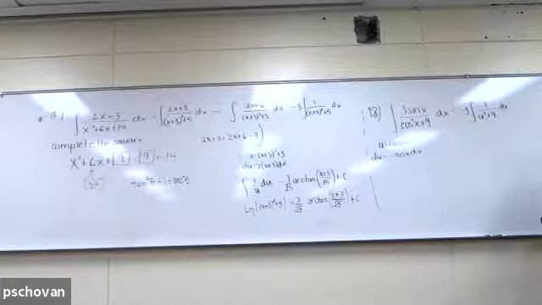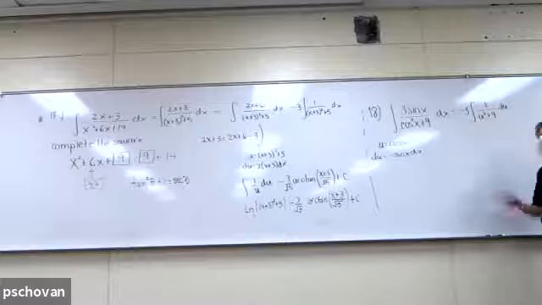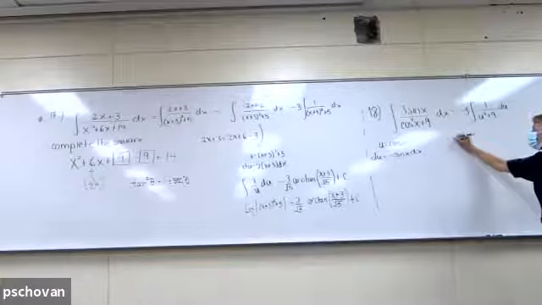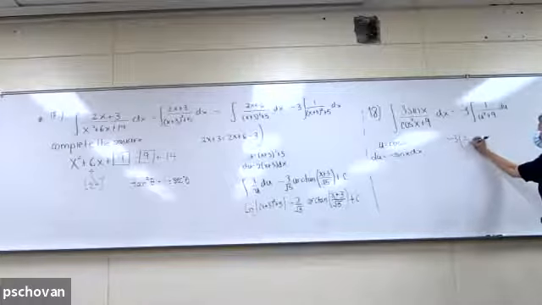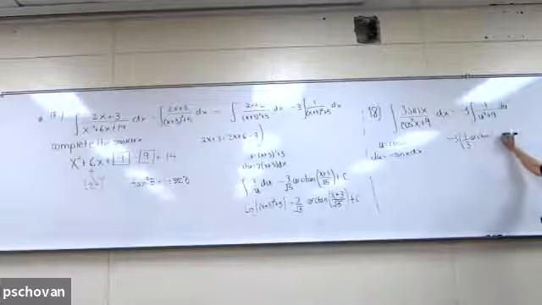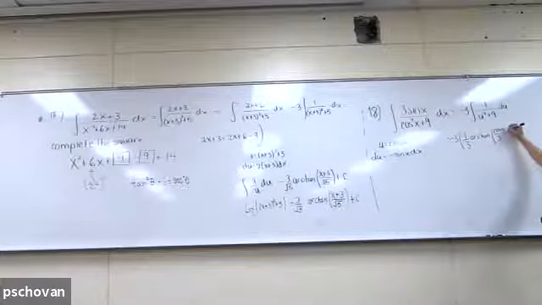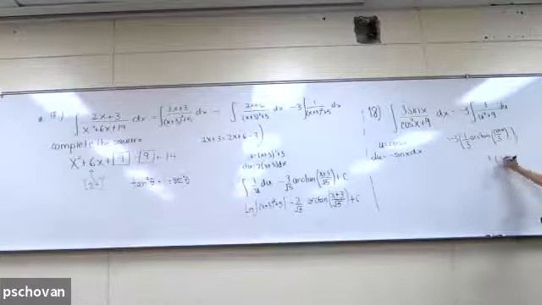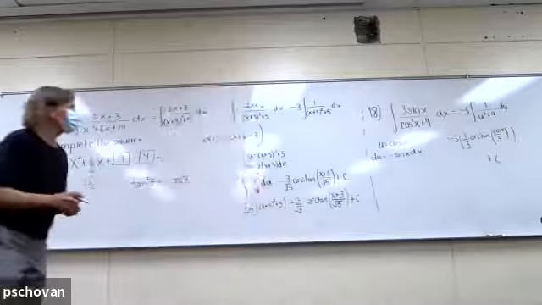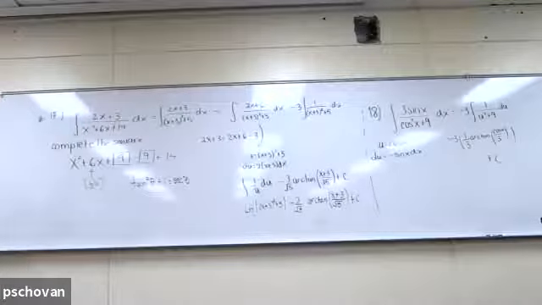So you get 1 over a, arctangent of u over a. Our a term is 3. 1 over 3, arctangent of u over 3, but our u is the cosine of x. So I'll go ahead and put that in. You can cancel the 3's if you want. Minus the arctangent of the cosine of x over 3.